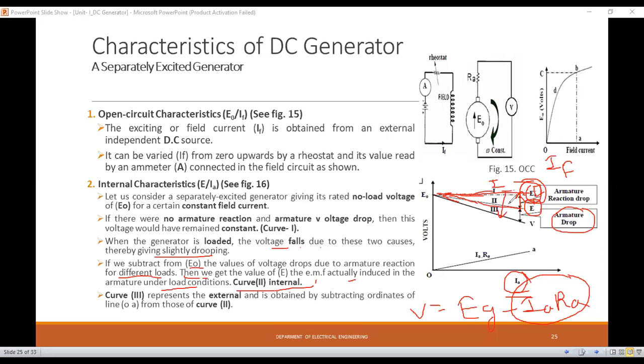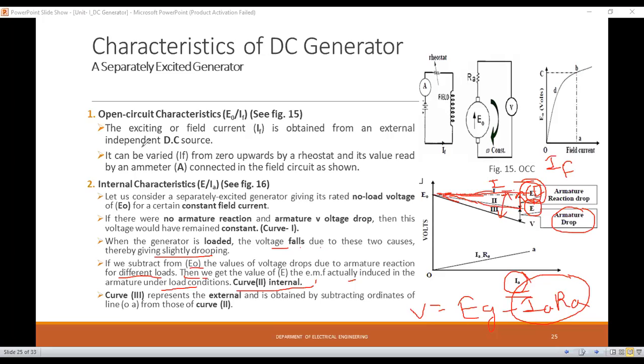So this curve 3 shows the terminal voltage versus armature current characteristics. This curve 3 represents the external characteristics of a separately excited DC generator, and this curve is obtained by subtracting the armature drop from curve 2.